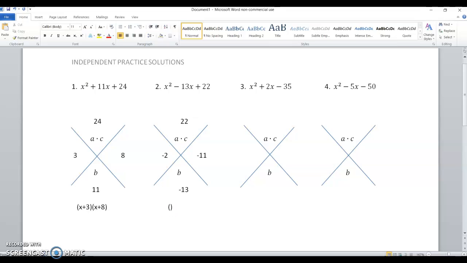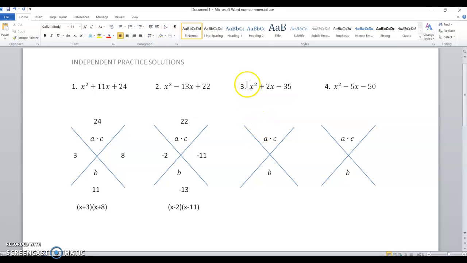So we'll write it now in factored form. We have x minus 2 and x minus 11. And remember, we can always be checking our answers, right? By multiplying x squared minus 11x minus 2x. Well, that's negative 13x. Good. And then negative 2 times negative 11 is positive 22.